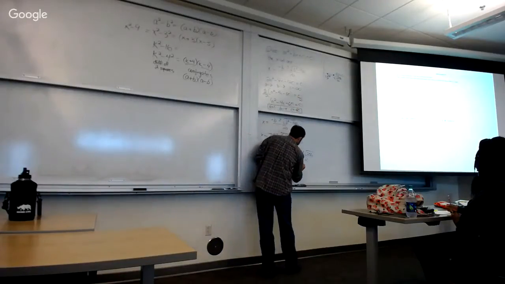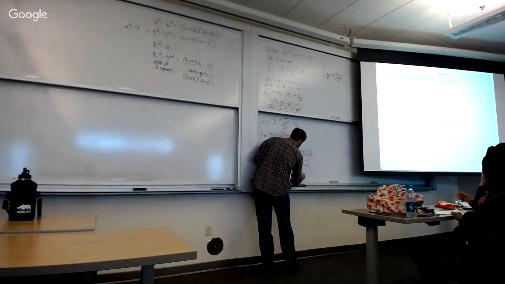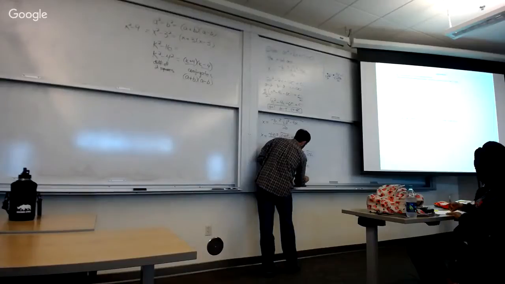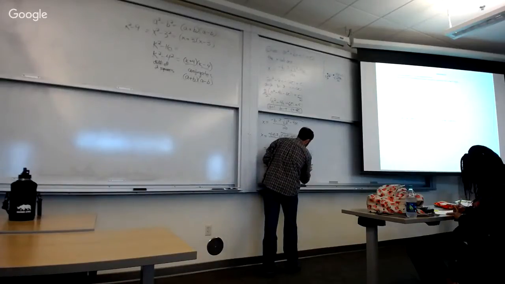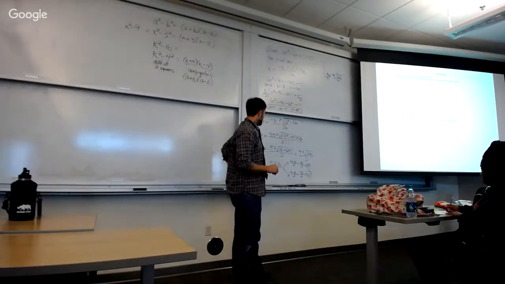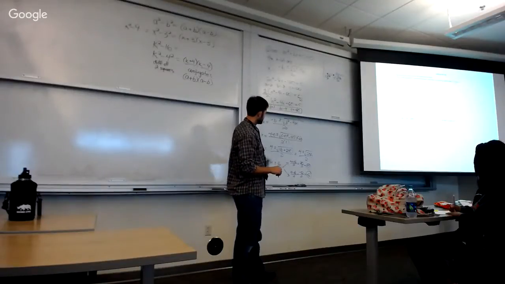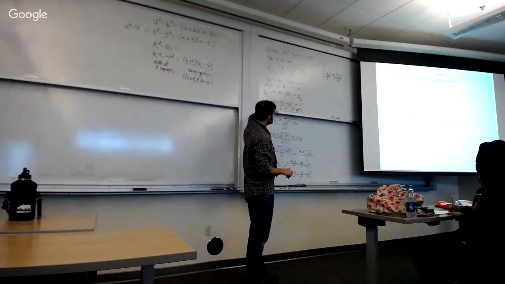So 4 plus 16 is 20 over 2, which is 10. And 4 minus 16 is negative 12 over 2, which is negative 6. And so our answers are 10 and negative 6. What do we mean those are our answers? Those are the x-intercepts. Those are the numbers I can plug into the equation to make it true.